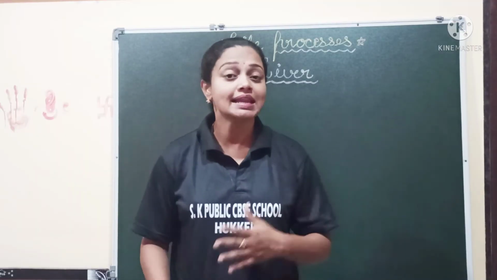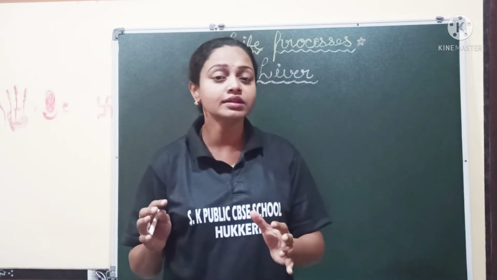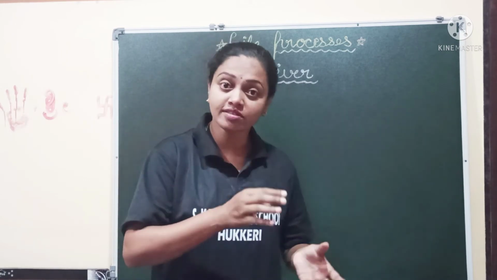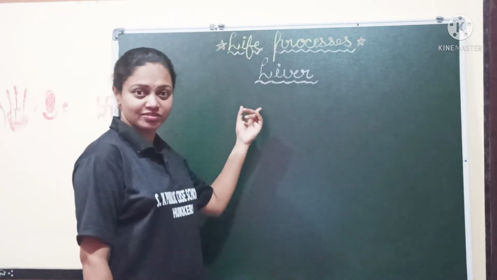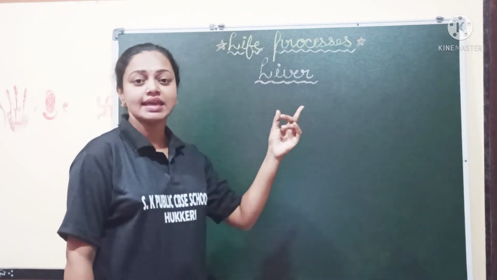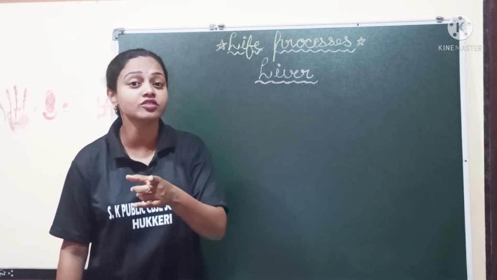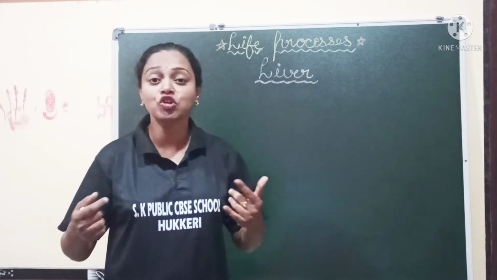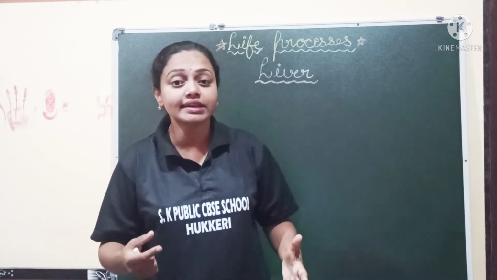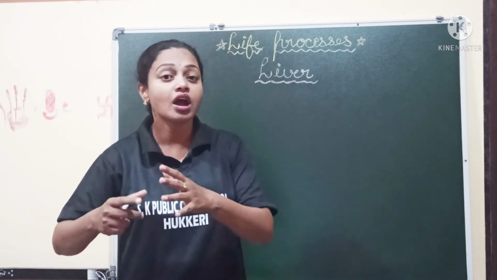Now dear students, let's study a very important organ among the digestive glands, the liver. The liver is the largest and major digestive gland of humans. The liver in humans is located in the upper right-hand portion of the abdomen.